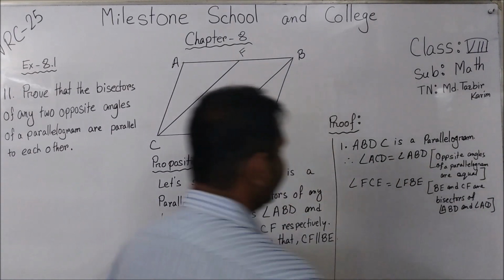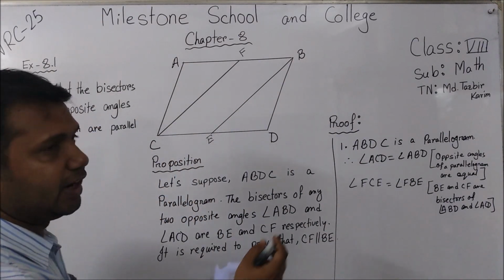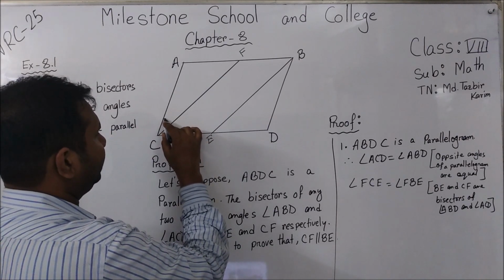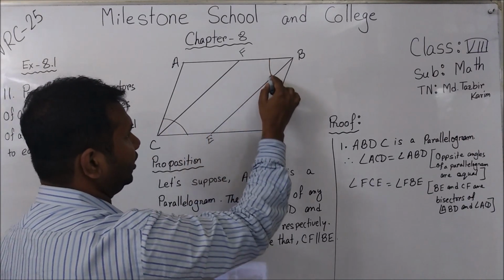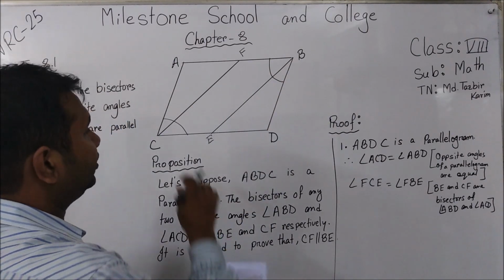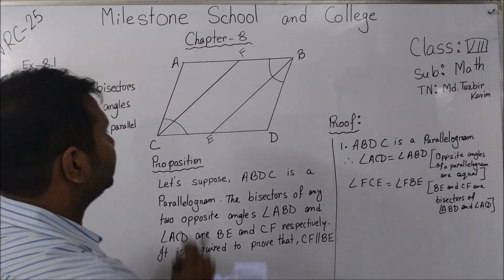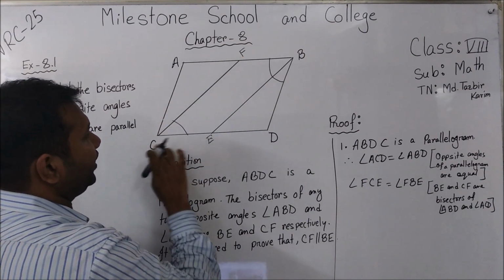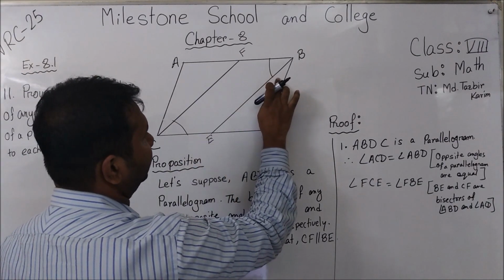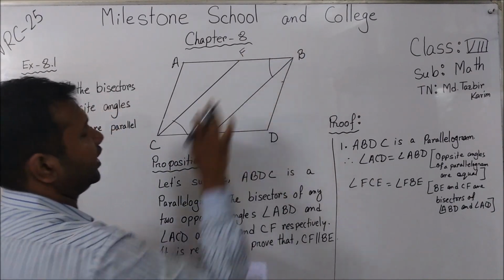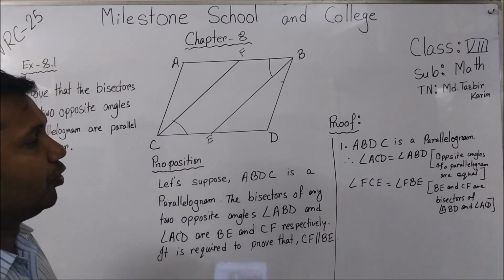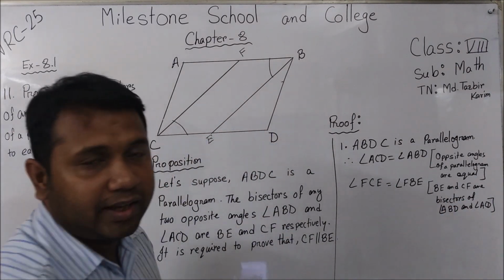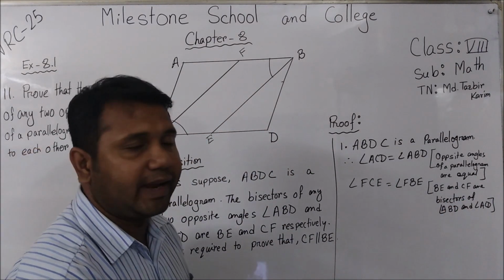Again, I am telling you, ABDC is a parallelogram, so the opposite angles, this one and this one, are equal, because in a parallelogram opposite angles are equal. So the half of this angle, FCE, and the half of this one, FBE, are also equal. I am just writing here that BE and CF are bisectors of angle ABD and angle ACD.